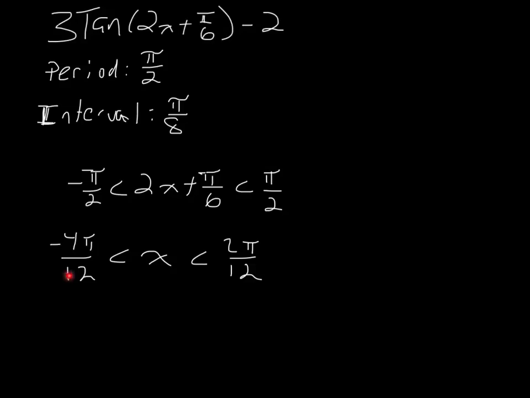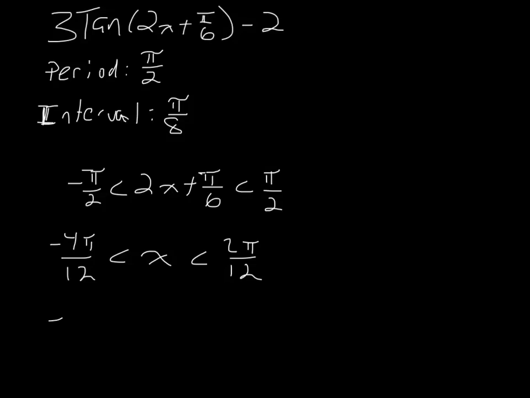Denominator for the endpoints of this period is 12, so we need a common denominator. And clearly that common denominator is 24. So I'm going to go ahead and change these points with a denominator of 24.